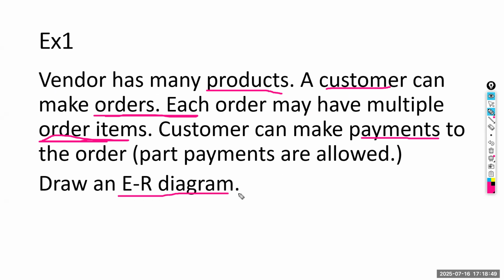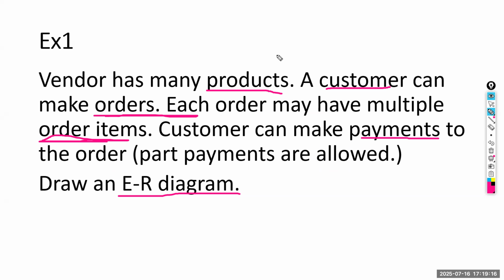So this question has not given you any attributes. You can just think of one or two possible attributes, especially the identifying attribute. Then how these things are interrelated. How the product is related to customer, is related to order, is related to order item. I'm not saying that always these are related, right? So is the payment related to something?